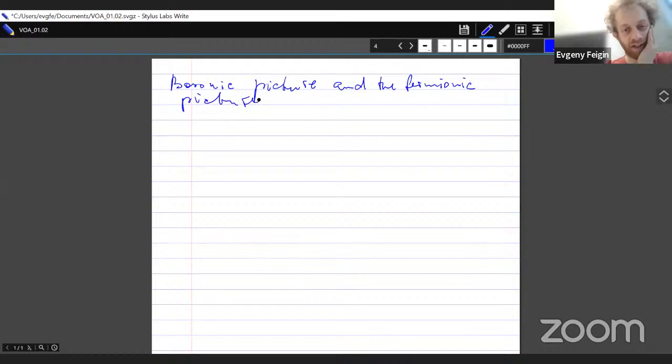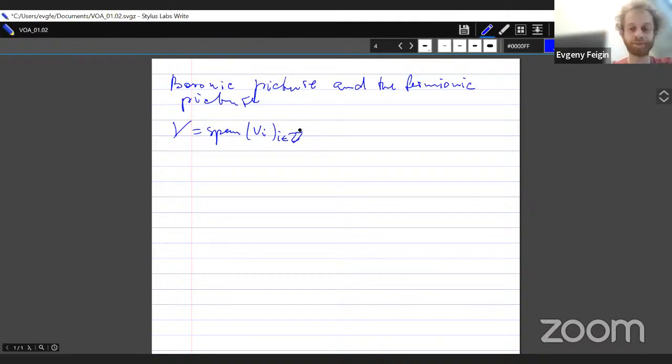These are two different ways to construct representations of the Heisenberg algebra. Recall that we've seen the space F. Maybe I should start with the space V, which is the span of v_i, i from Z. So we have a countable dimensional vector space, and each vector from there is a finite linear combination of the vectors v_i.